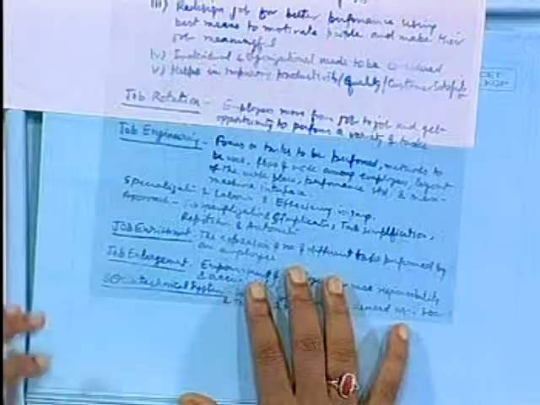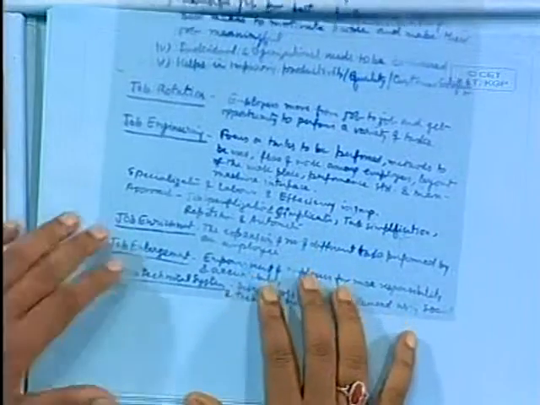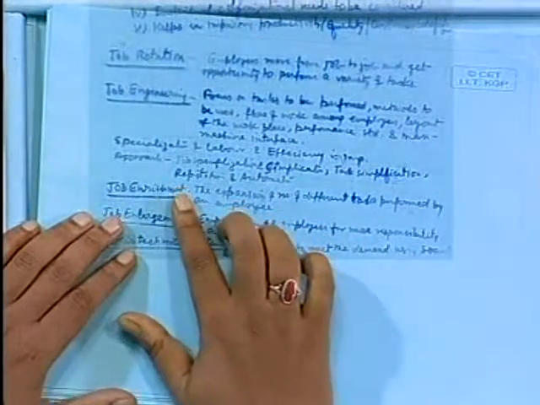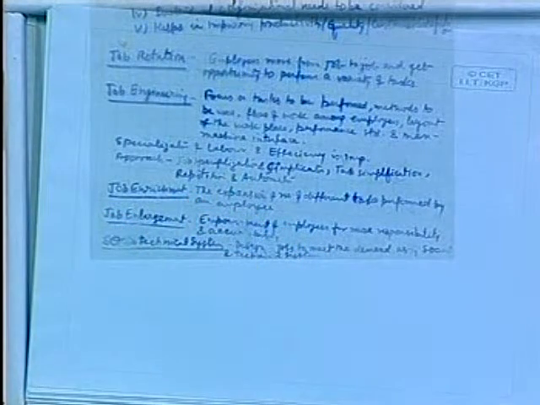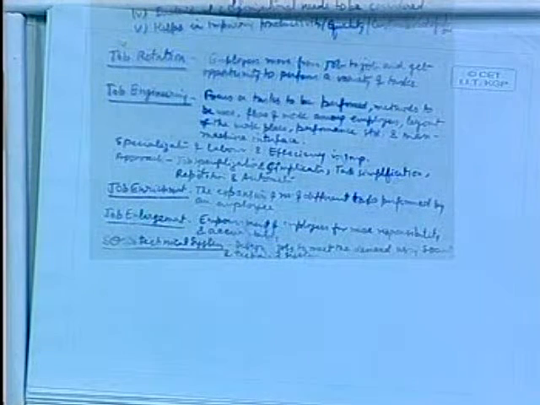Okay, now the next one is job enlargement. We'll talk about job enrichment at a later stage. Job enlargement is basically expansion of the number of different tasks performed by an employee. So you ask a person to take additional responsibility in addition to his own duties and responsibilities, isn't it? For example, you are a production manager, and you are very efficient in production.